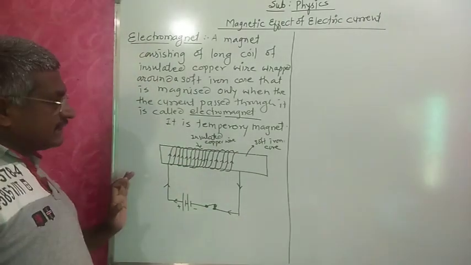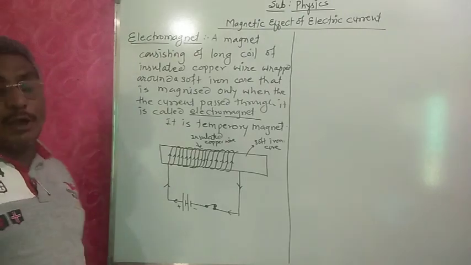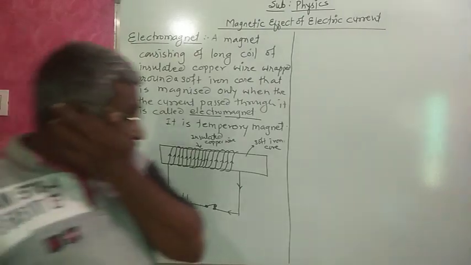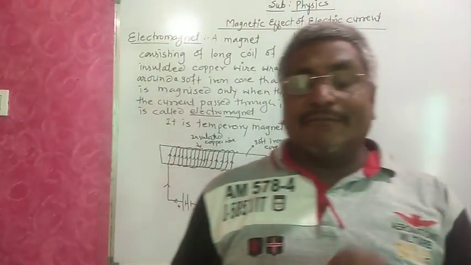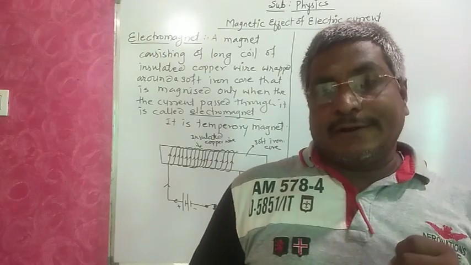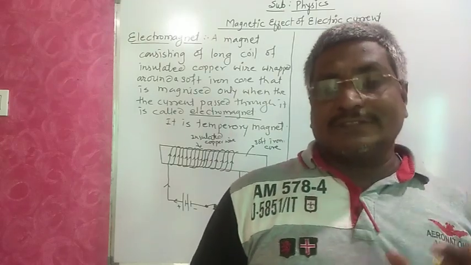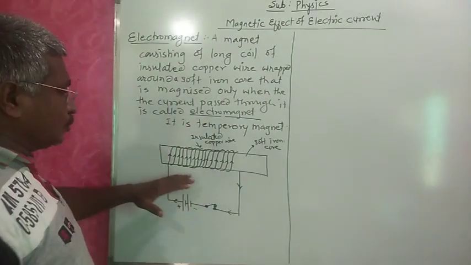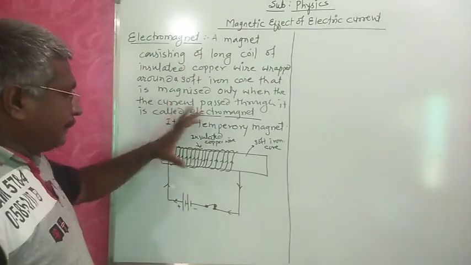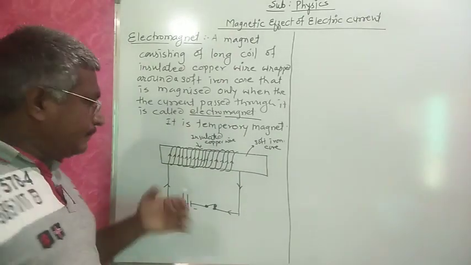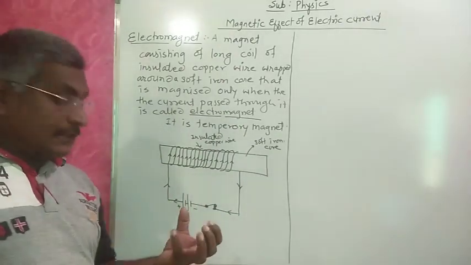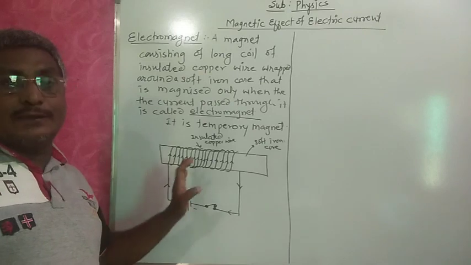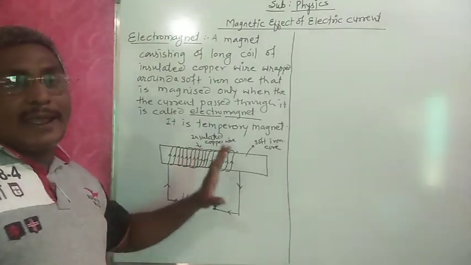Such a magnet is called an electromagnet. This morning I sent some videos related to electromagnet. If you watch that video, you understand that when we pass the current through this coil, it produces magnetism and the magnetic substances are attracted towards this soft iron core.